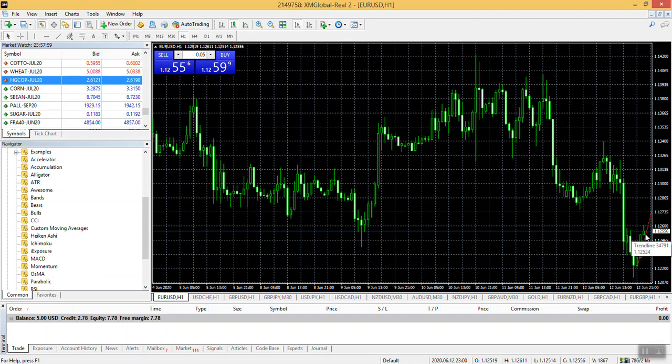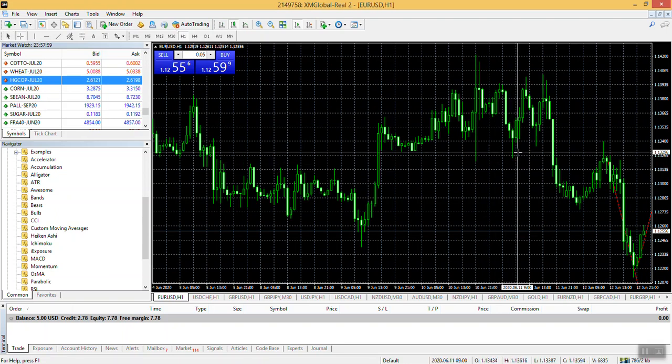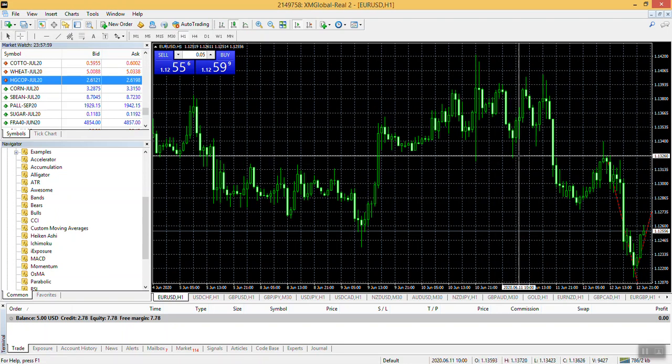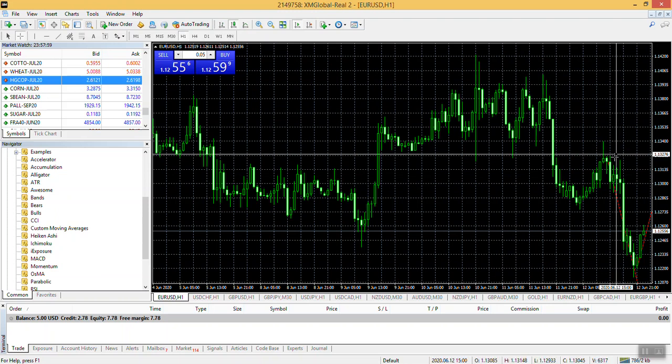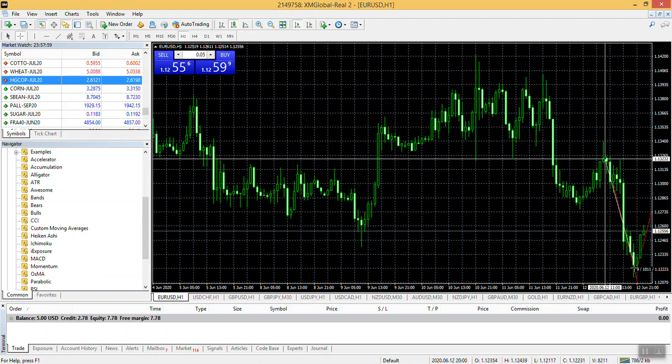Now let's look at another one. Here it started falling from this price range, which is 1.13260, till it got to this place, 1.12217.